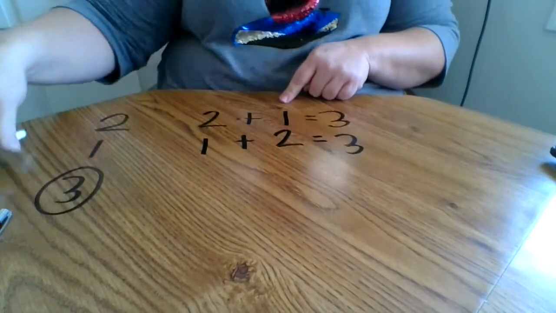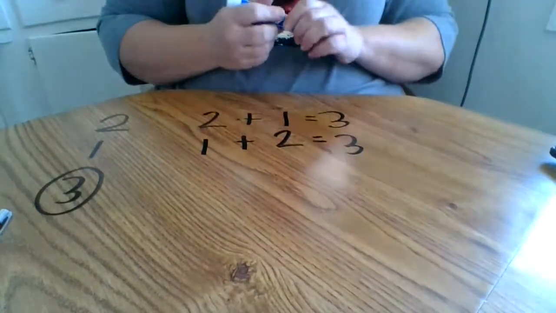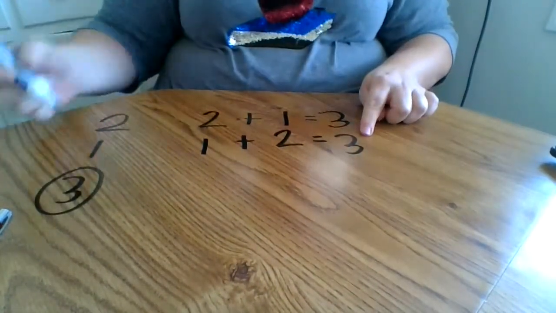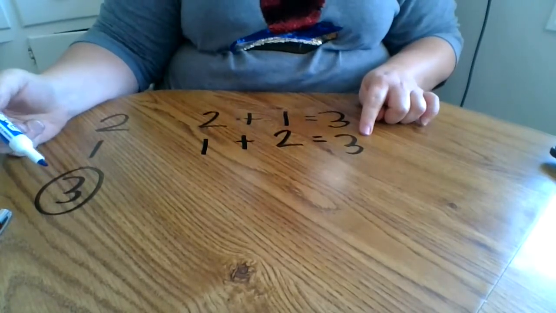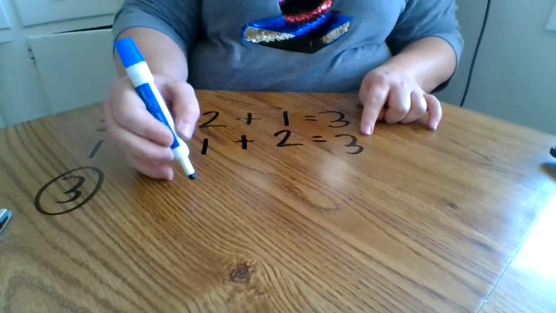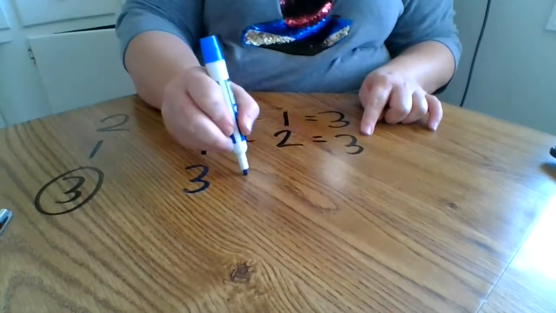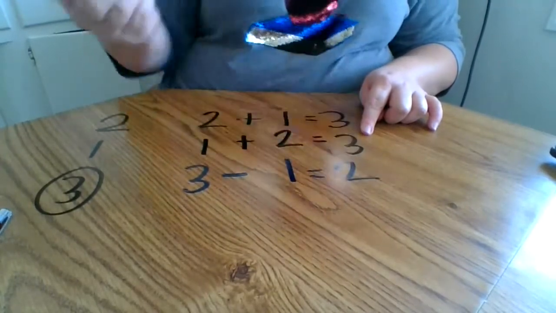All right, I've written my 2 addition sentences, but in fact families, you also have subtraction problems. So we already said the whole enchilada is 3. That means I'm going to start my subtraction problems with 3. I'm going to do 3 minus 1 equals 2.